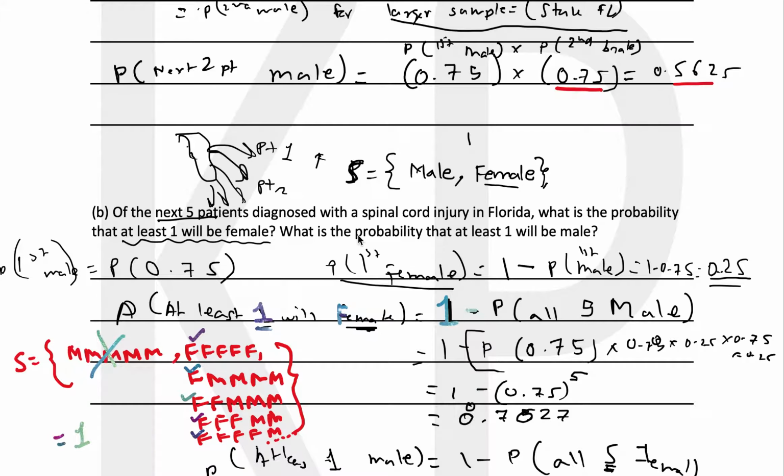So basically we are subtracting this probability of all five male, which is M M M M M. That's the one we are subtracting, and we know that the probability of the first patient drawn being male is 0.75.